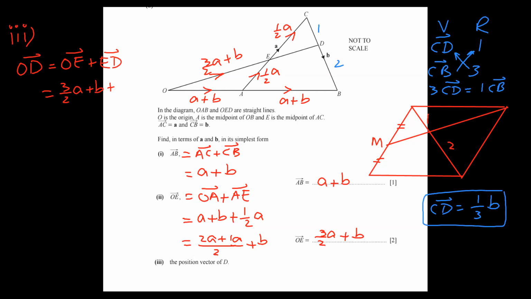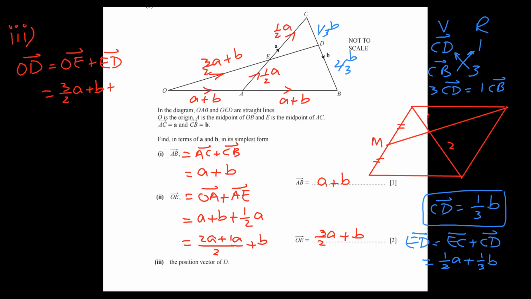So I can say now here, this is 1/3 of B, and this turns out to be 2/3 of B. Now, if we have this vector and this vector, you can find ED very easily. And that is my target. So let's find ED on the right side. ED vector is equal to A to C and C to D. A to C is half A, and this is 1/3 of B. So this value, which I got here, I'm going to plug in.